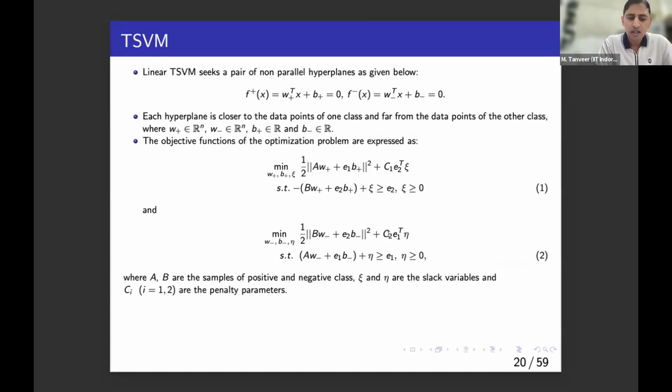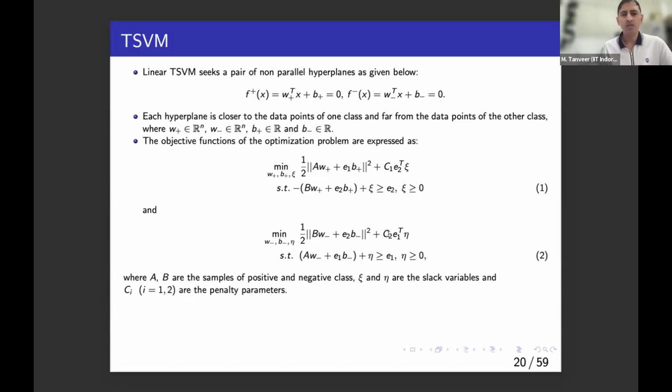But in twin support vector machine, they are distributed, in the sense that patterns of one class give the constraints of the other class and vice versa. This strategy of solving two smaller size quadratic programming problems rather than one very large QPP makes twin support vector machine faster than the conventional standard support vector machine algorithm.